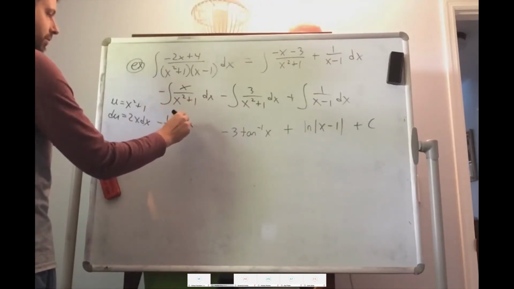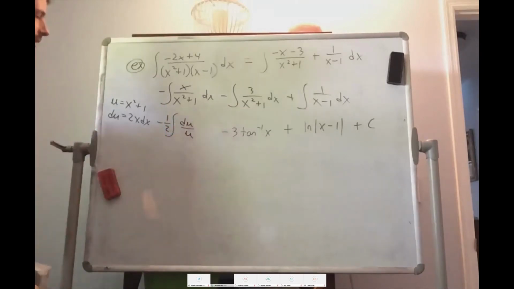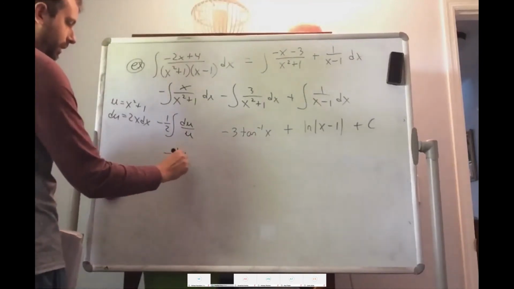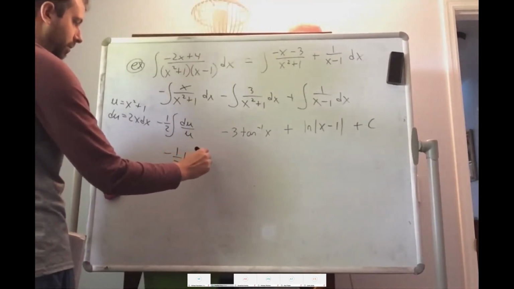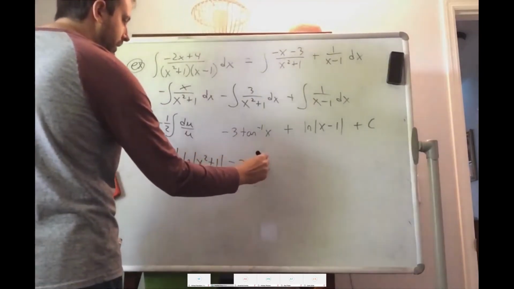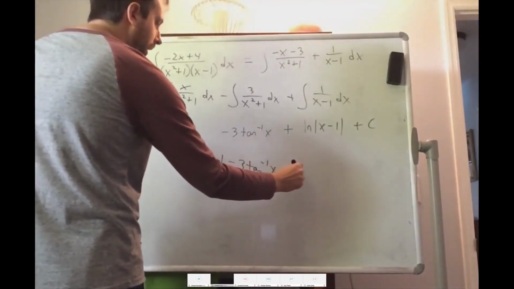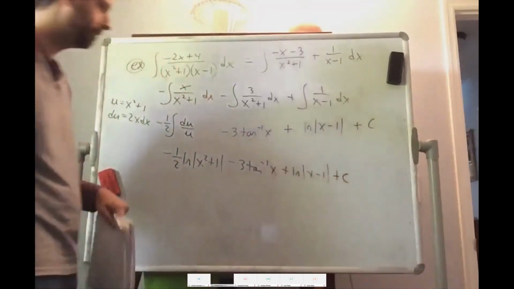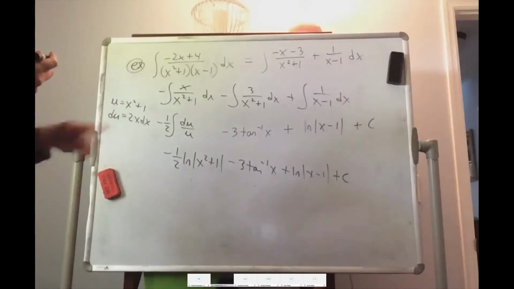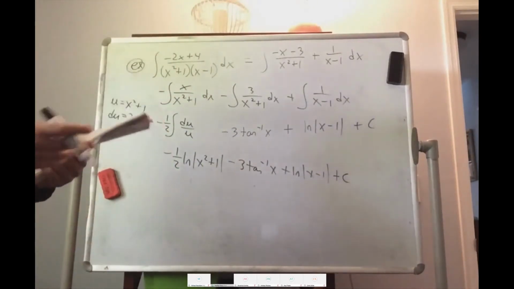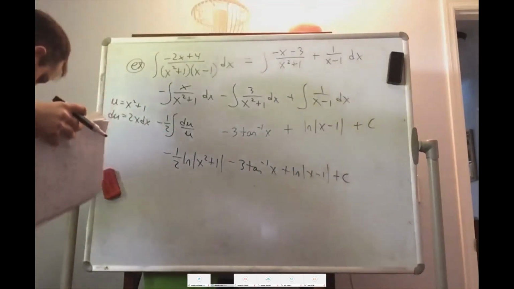So this will be du over u, and this is just going to be a natural log again, natural log of u. So minus 1/2 natural log of x squared plus 1, minus 3 tan inverse x, plus natural log of x minus 1, plus c. And there you go, a full-size problem of this sort of technique.